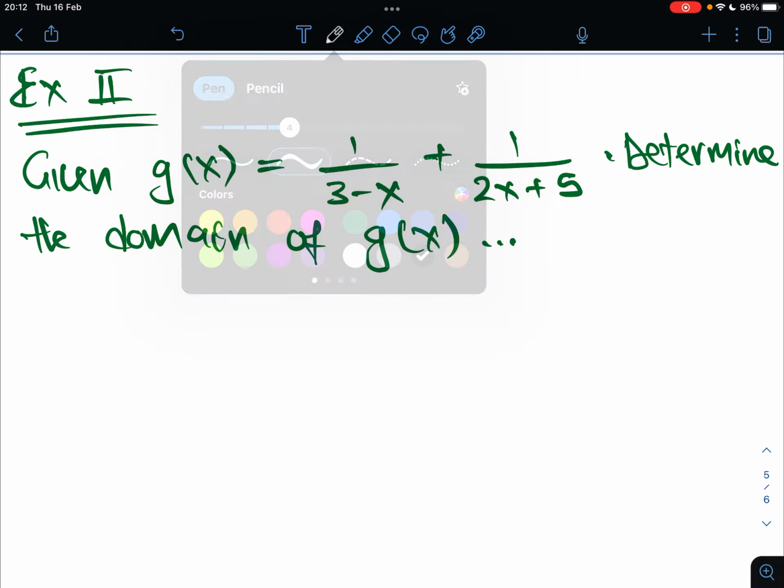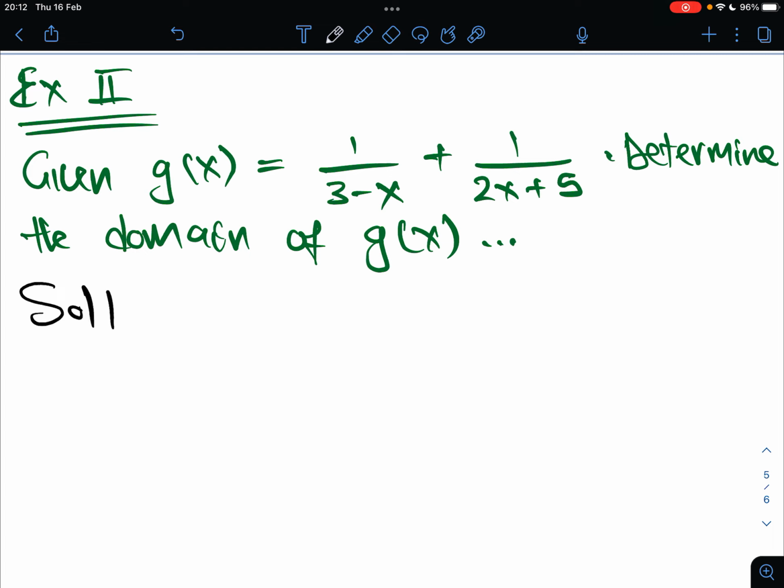So this is what you have to do now. How can we deal with this? Every time we are given a function and they say find the domain, you must always try to look for things that you know that whenever they are there, we have some information pertaining to them. Like for example, now we have fractions. So what do we know about fractions?